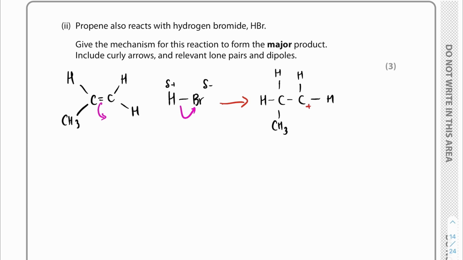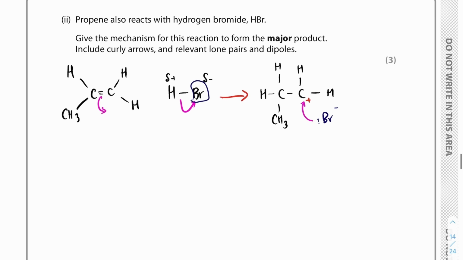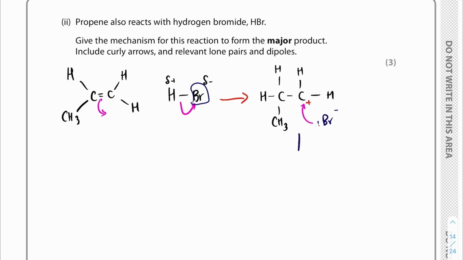And this reacts with the bromine atom that we had over here that has now become a negatively charged anion. So this now jumps into this positive carbon intermediate, and we get the major product, that is H, C, C, H, and this is also CH3 here, and we get our bromine atom attached.